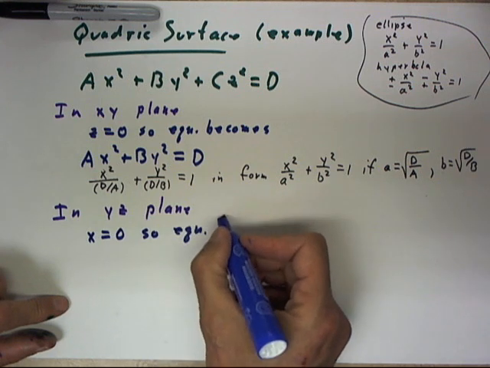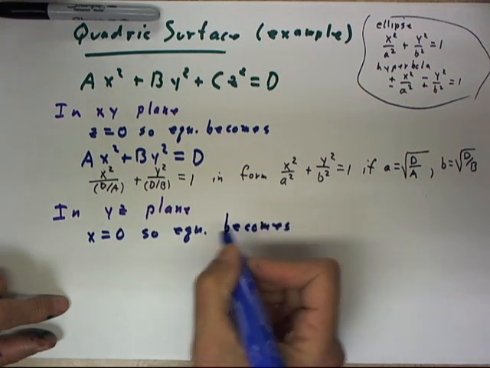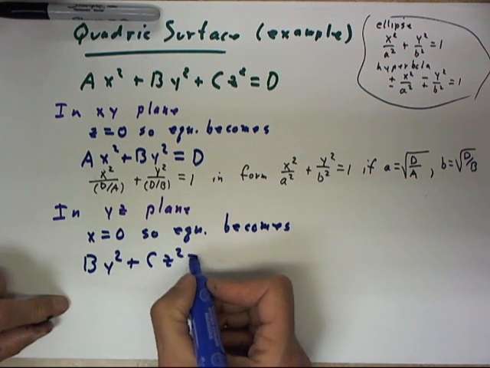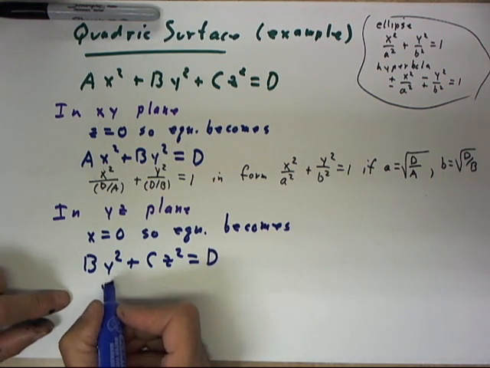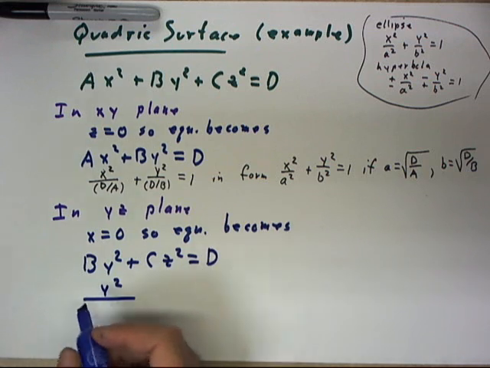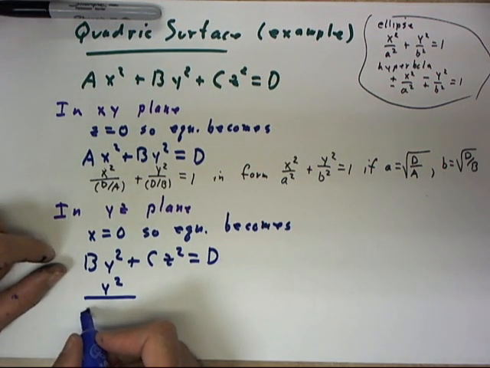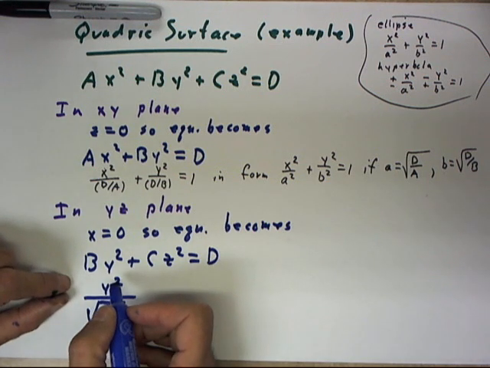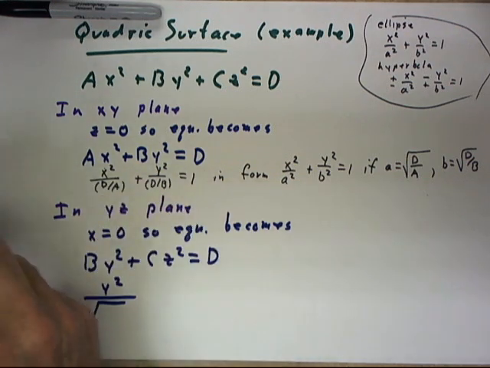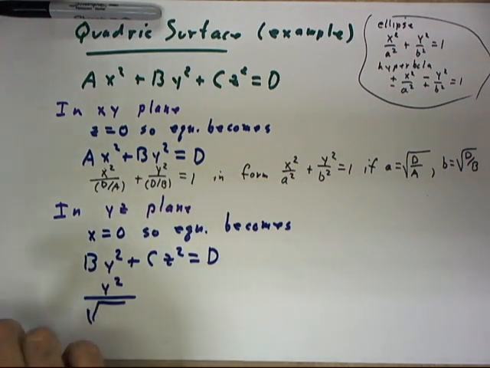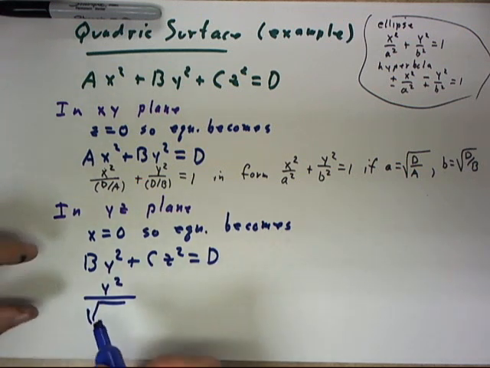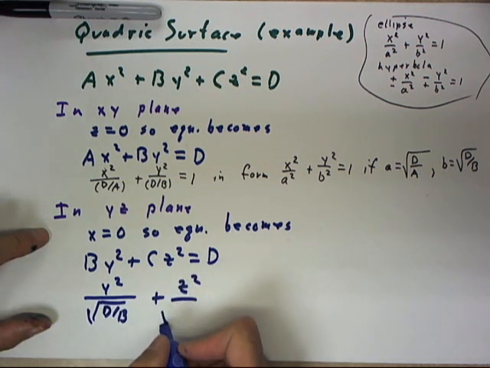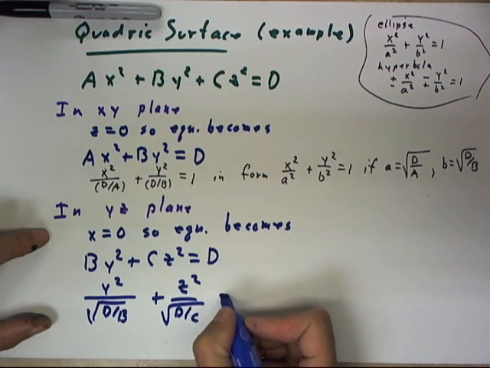So the equation becomes By squared plus Cz squared equals D, which is y squared over the square root of D over B plus z squared over the square root of D over C equals 1.